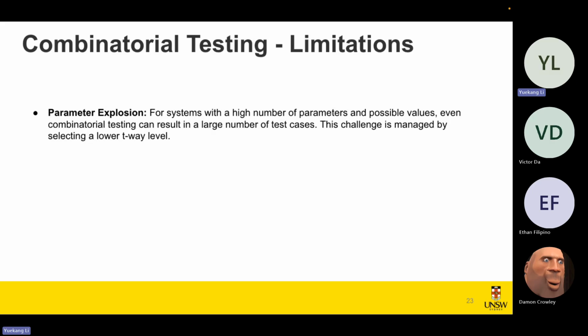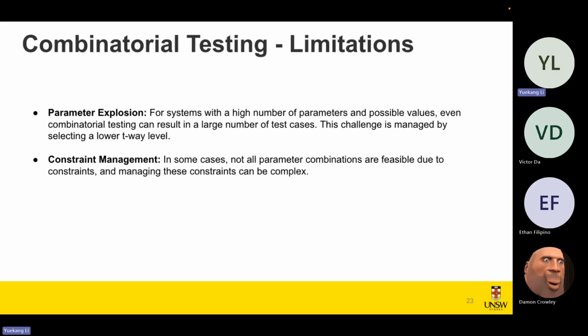But what if the number of n is large? What if the number of total input parameters is large? Even if we just do a pairwise combination with a large n, we can still have the problem of explosion, right? So this is known as parameter explosion.